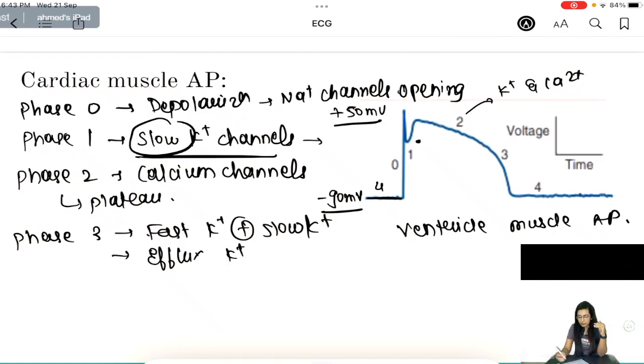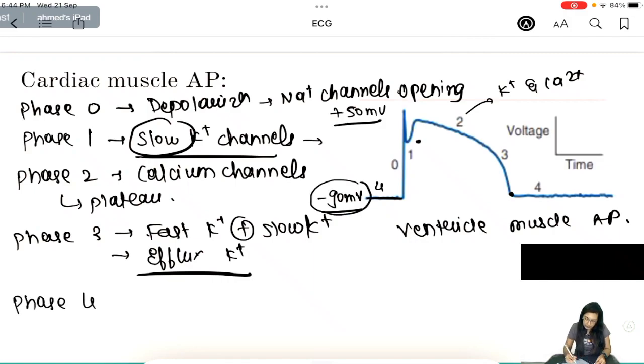This again leads to negative amplitude, and it reaches the resting membrane potential. So these potassium channels are responsible for bringing the cardiac myocyte back to the resting membrane potential, up to minus 90 millivolt. Phase 3 is the phase of repolarization, and phase 4 is RMP, that is resting membrane potential.